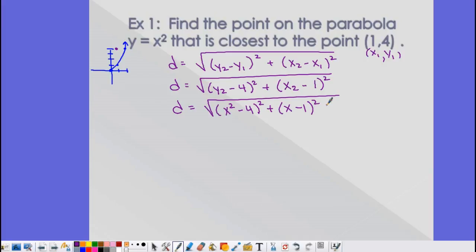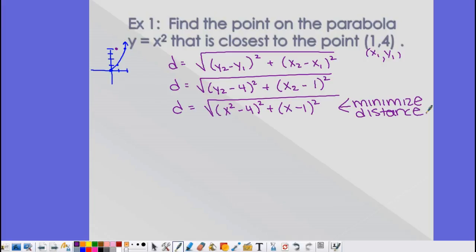And our goal again was to what? It was to find the point on the parabola closest to the point 1, 4. So my goal is to minimize distance. So I am trying to minimize distance. To minimize distance, what do I need?